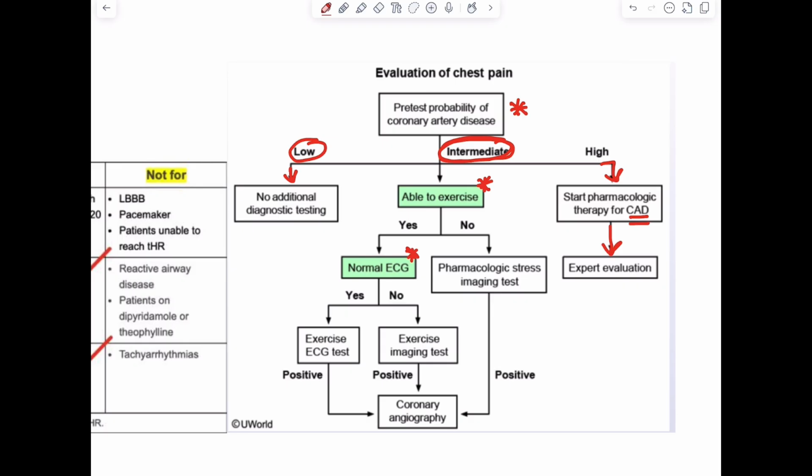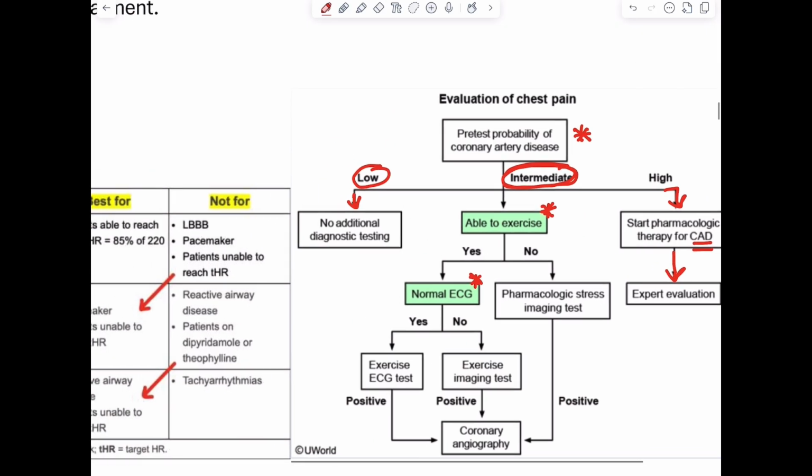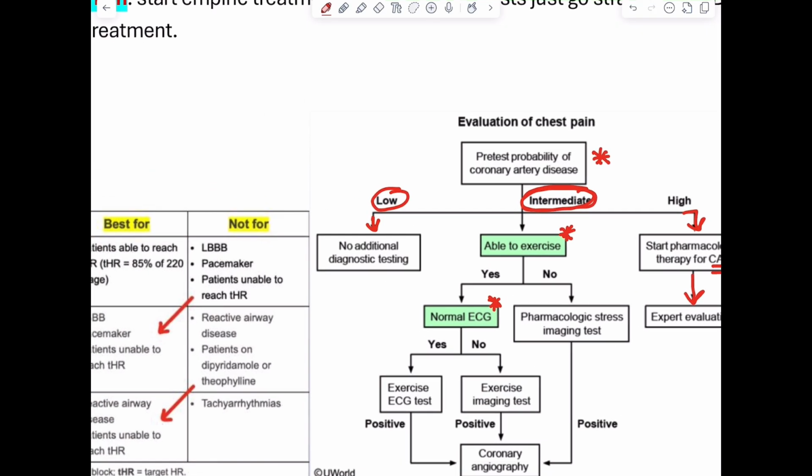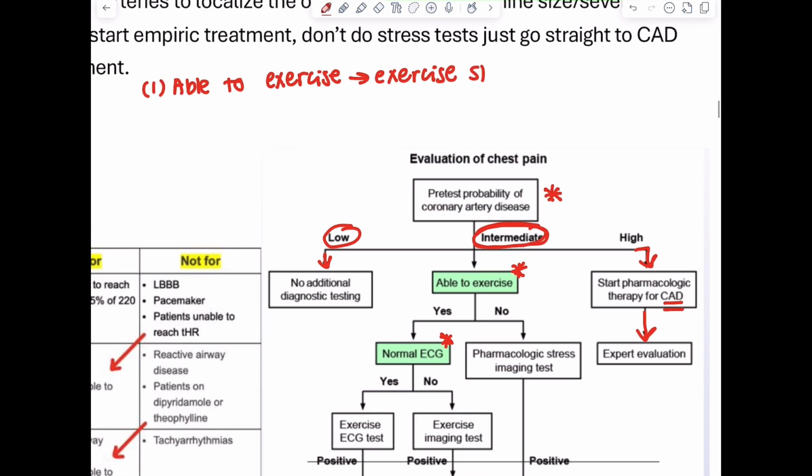Okay, so are they able to exercise? If they can exercise, they will have an exercise ECG. Okay, I'm going to put it right here. Able to exercise, we're going to do exercise stress test.